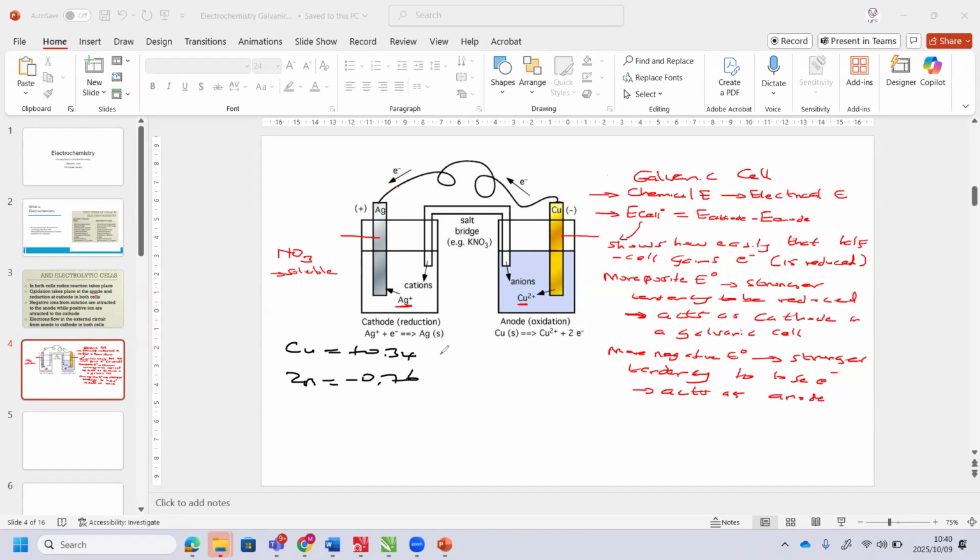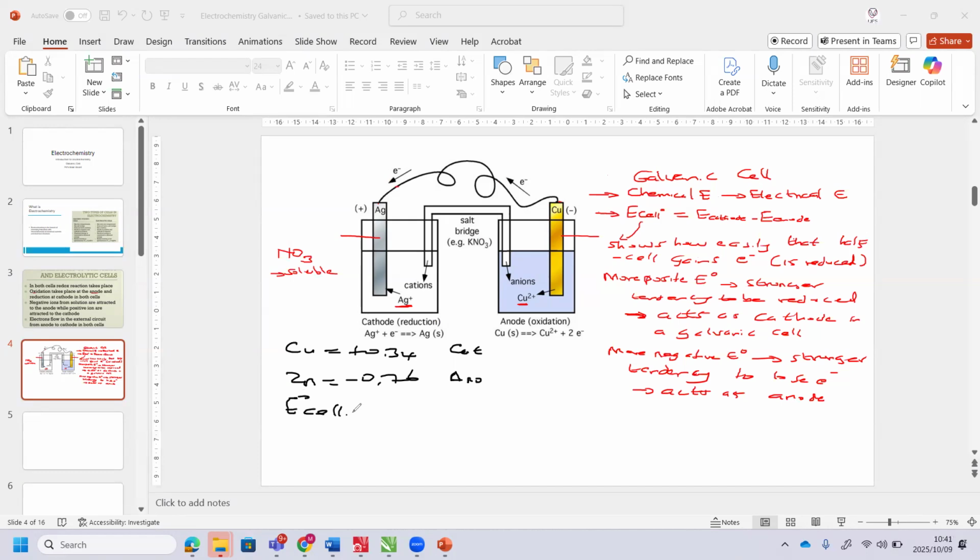If it gets to be reduced, it means it will be the cathode. And then zinc gets to be oxidized, and it will be the anode, because we said the one that is negative acts as an anode, and the one that is positive gets to be a cathode.